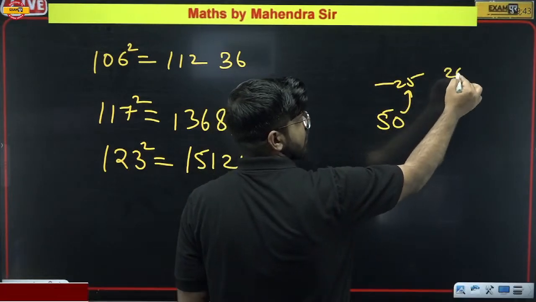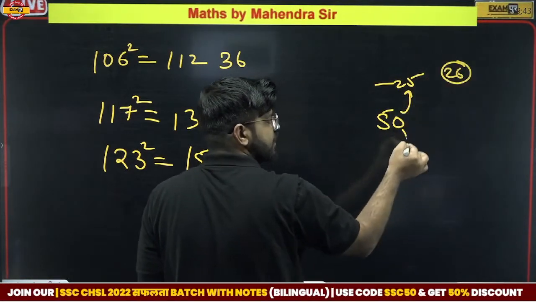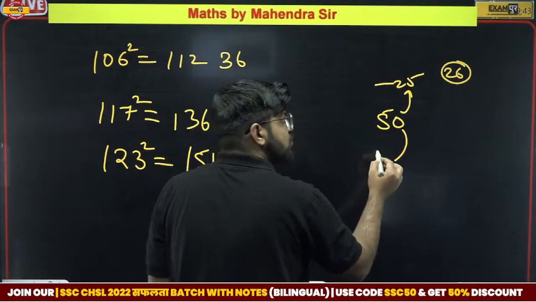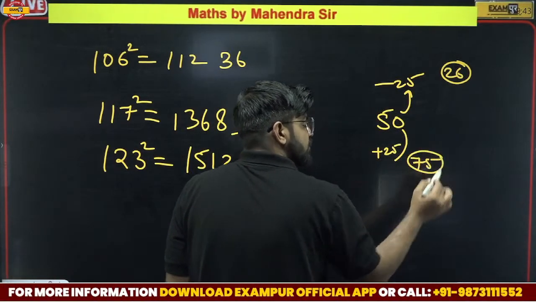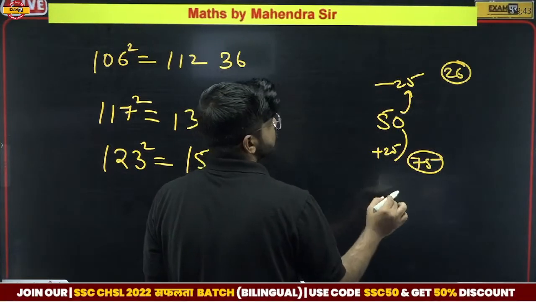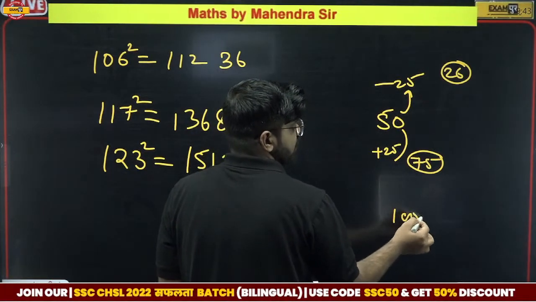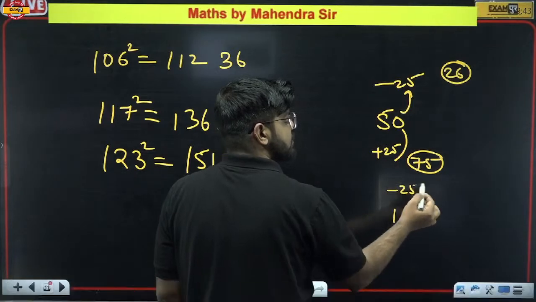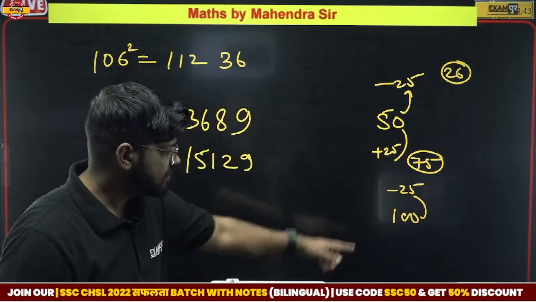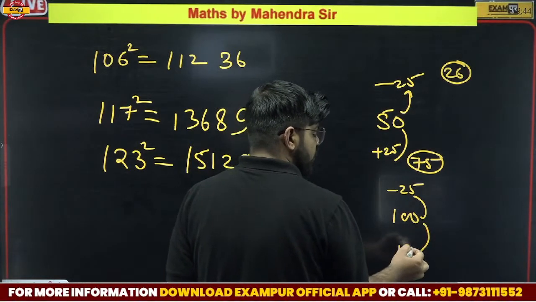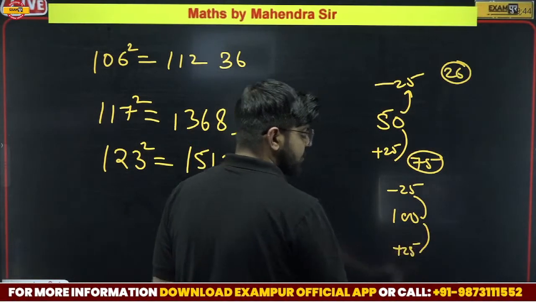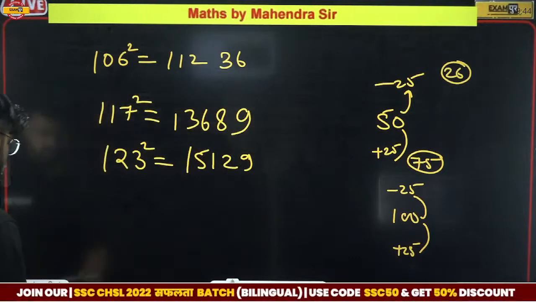That is nothing but we started from 26 and moved towards 25 more, that means 75 square. After that, for 76 square, we move 25 less than 100 and we go to 25 more than 100. Okay, so this is how this trick works.